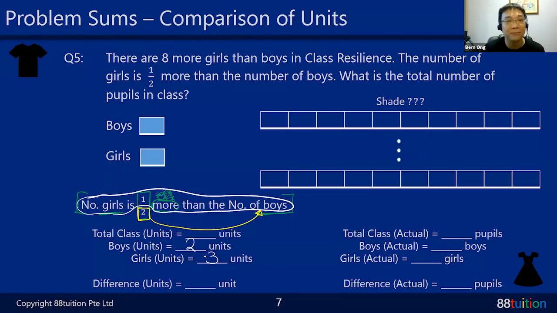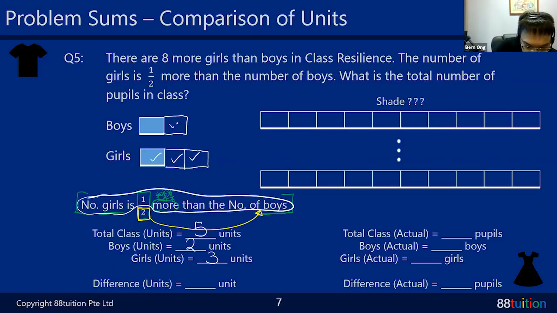Can you see or not? So the more and less are dangerous. So what is the total class already? Now you know number of girls is 3, number of boys is 2, total units is 5 here. In terms of model, what happens? You draw girls, 3 units. And boys, 2 units. Can you see?